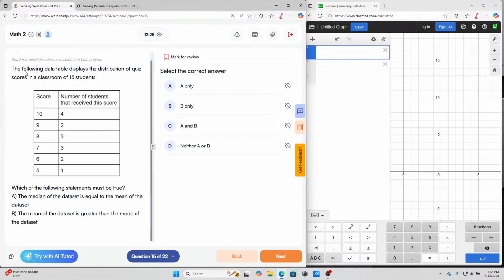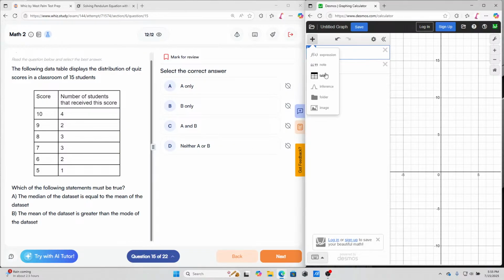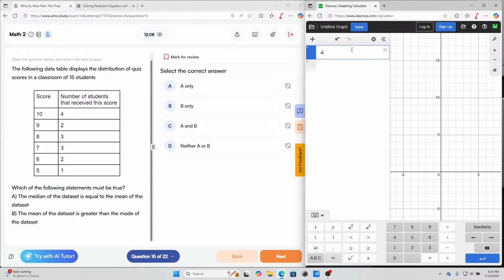So the following data table displays the distribution of quiz scores in a classroom of 15 students. So let's just put in a table here. I can also type table, I believe.